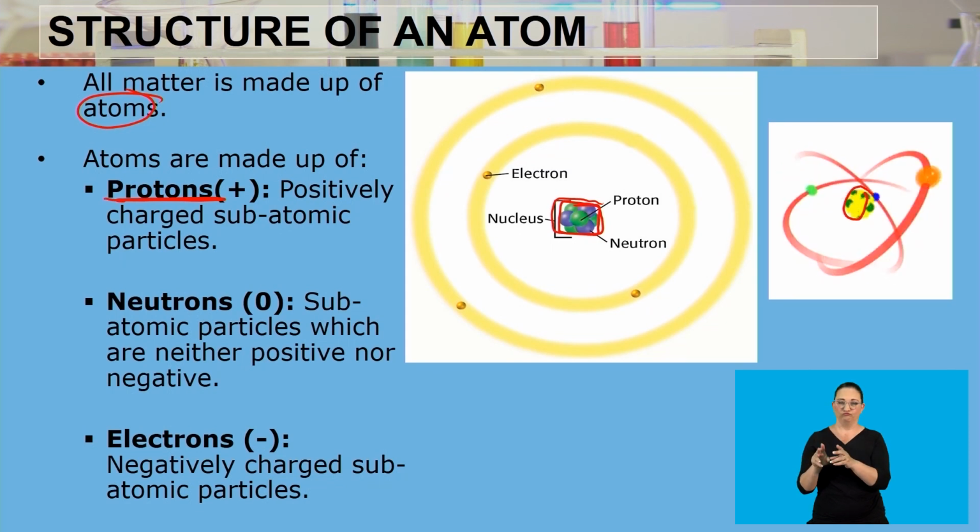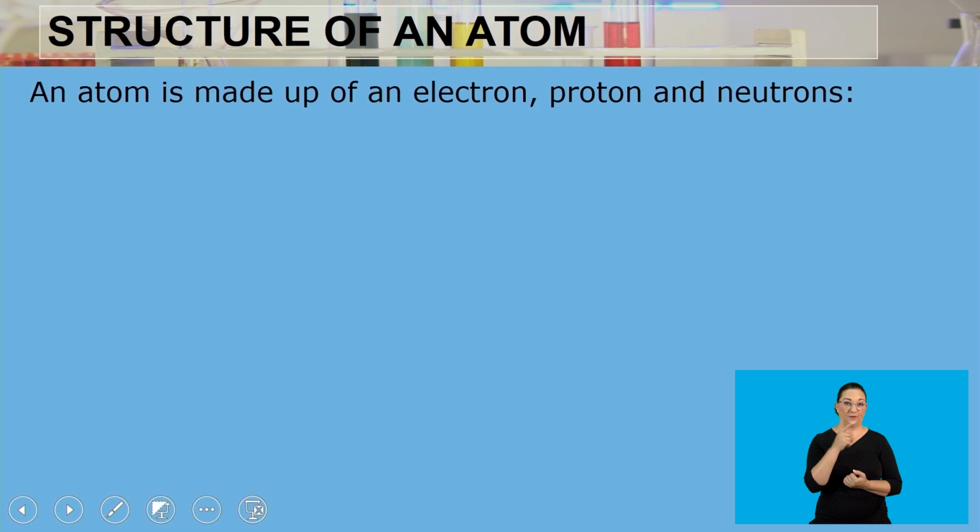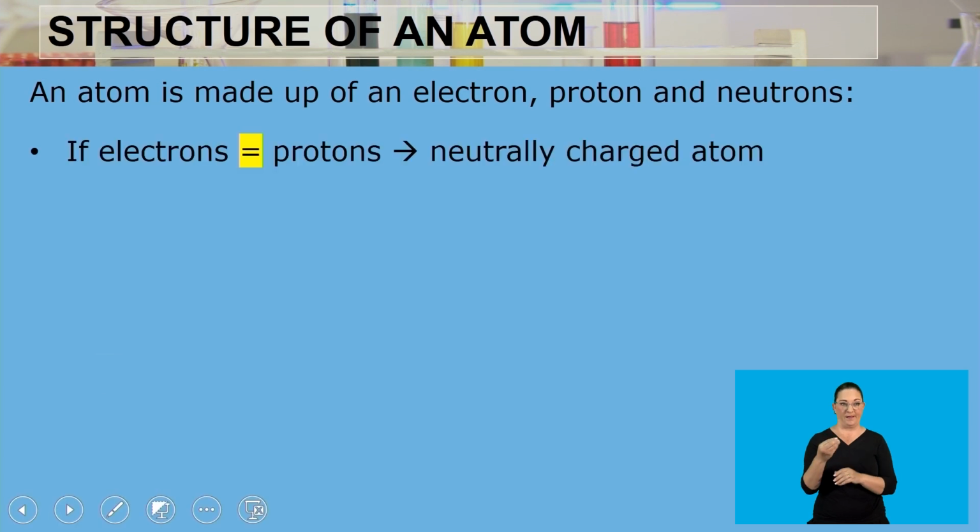And also now, with regards to an atom, we are saying that they are made up of protons, electrons, and neutrons, as we have said. Furthermore, if we have an atom that has an equal number of electrons and protons, then we can safely say that that particular atom is neutrally charged.